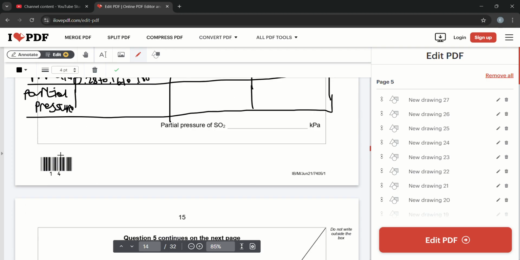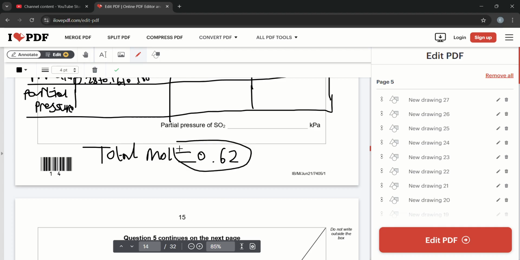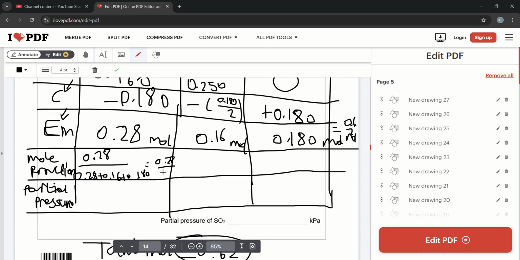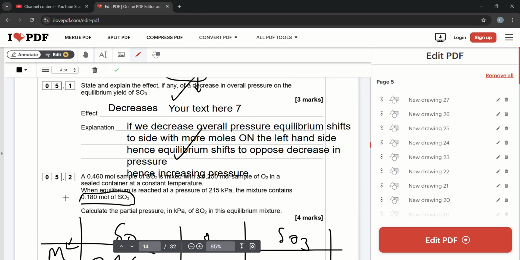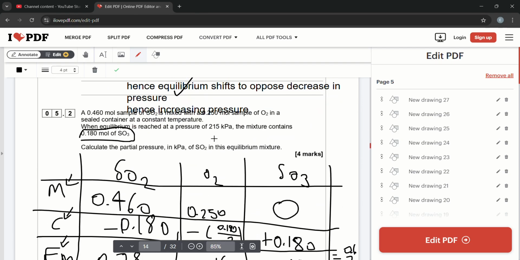I'll just write total equals 0.62. So it's going to be 0.28 over 0.62, 0.16 over 0.62, 0.180 over 0.62. And now I can work out the partial pressures of each one by timesing it by 215.